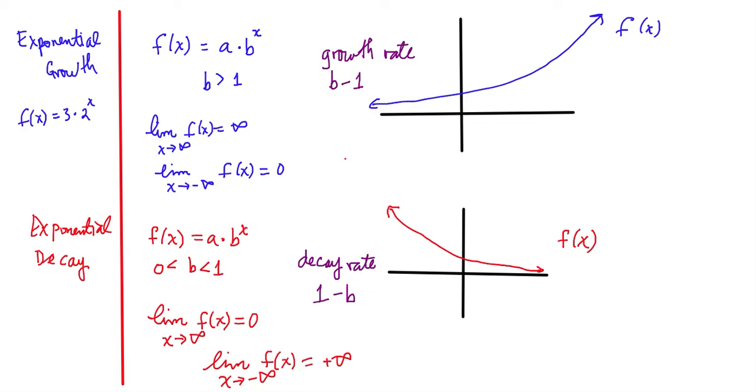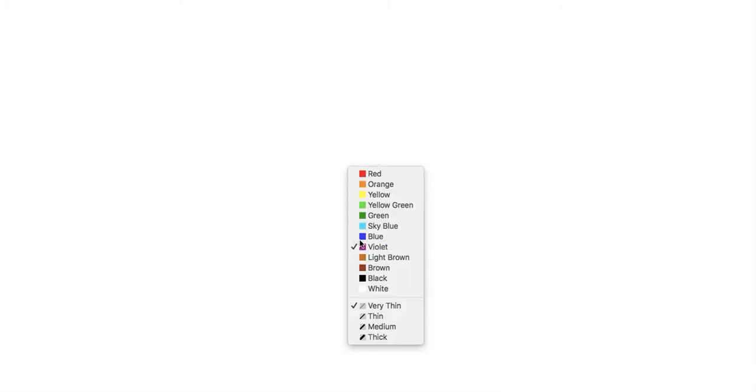So let me show you what I mean. Let's say we have a function. Let's give this an example: h of x is equal to 5 times 1.25 to the x. Well, this is exponential growth because the base here is larger than 1, so this is a growth function.